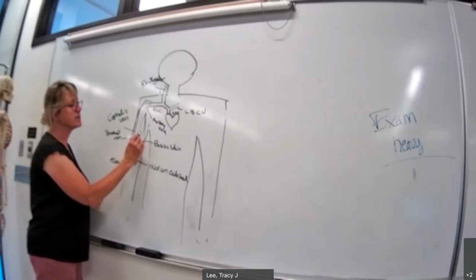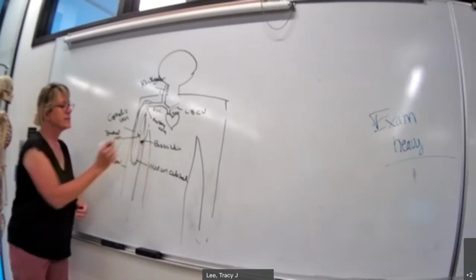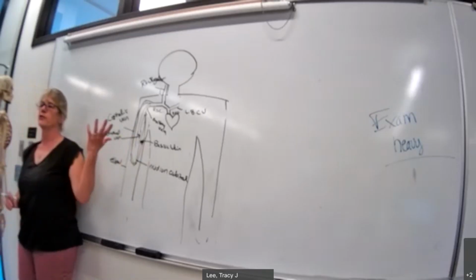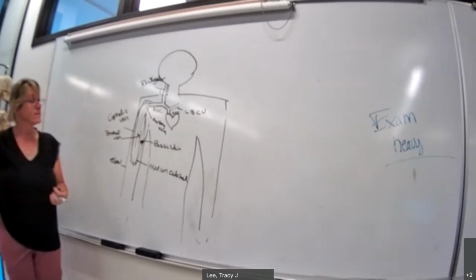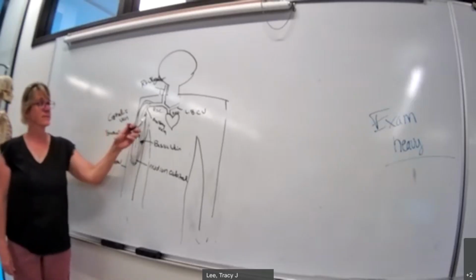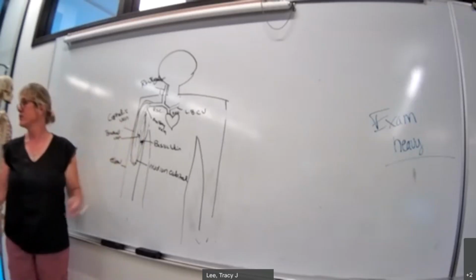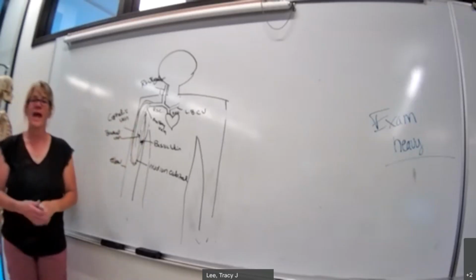So let's say I pinned the basilic vein, and I said, where's the next place blood will flow from here? What would it be? Right up here, right? So it's the axillary vein.